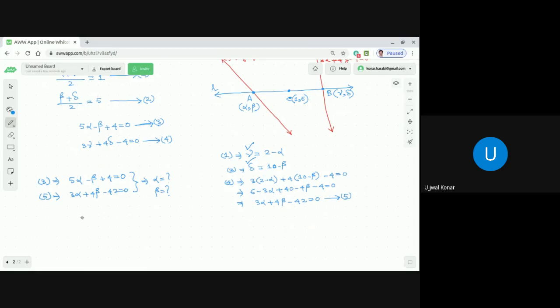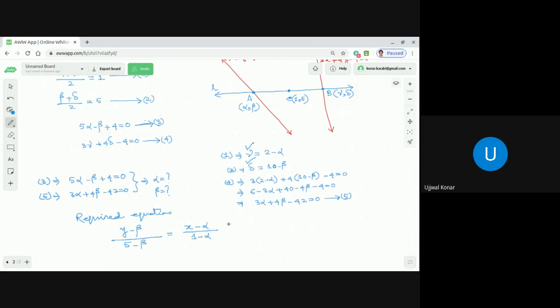So what will be the required equation? It will be (y minus beta) divided by (5 minus beta) is equal to (x minus alpha) divided by (1 minus alpha).